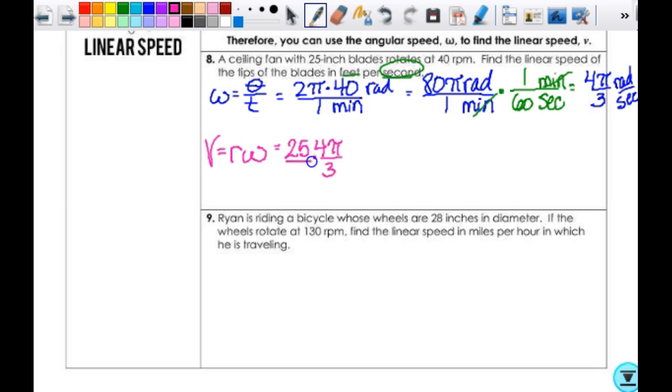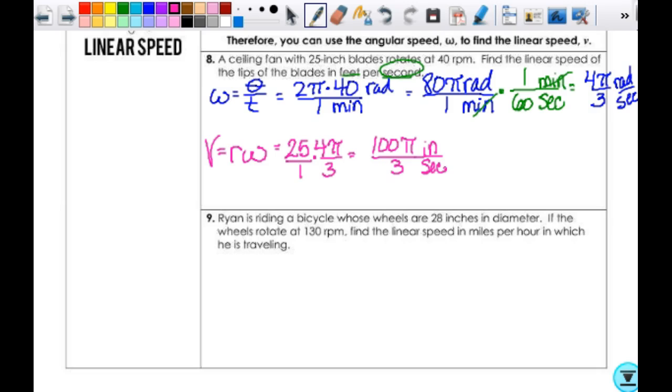So I'm going to put this over 1, and I'm not going to actually multiply yet. And we know it's 100, but it's fine. We're not necessarily going to worry about it just yet. Actually, we are. We'll go ahead and do that. We'll get 100 pi over 3, and that 25 was in inches, right? And it was inches per second. So you basically go 100 pi inches in every 3 seconds.